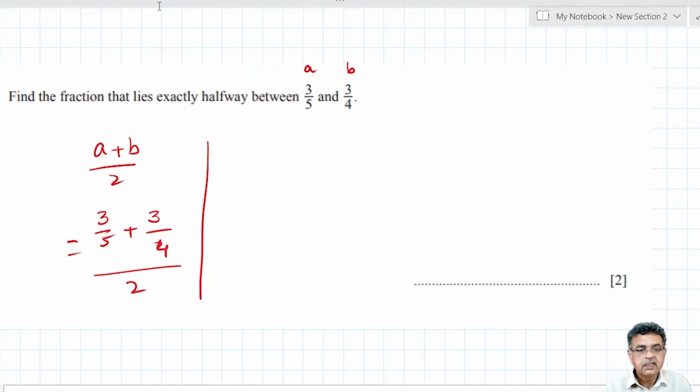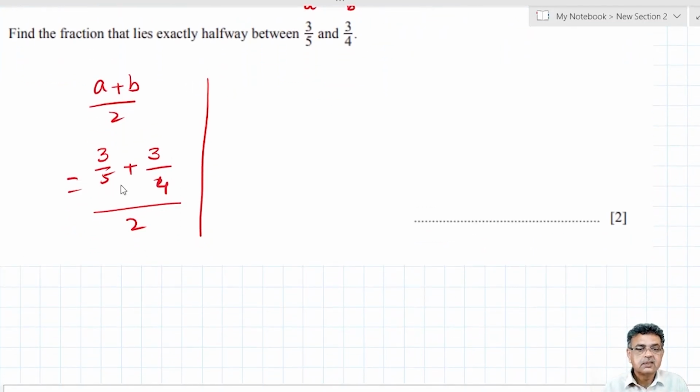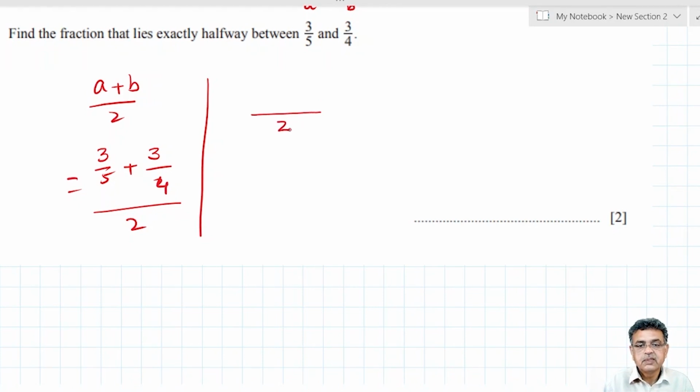Now, a technique of taking LCM directly for such numbers which do not have any common factor: it's easier to simply multiply these two denominators by each other, then multiply this number on this side and this number on that side.